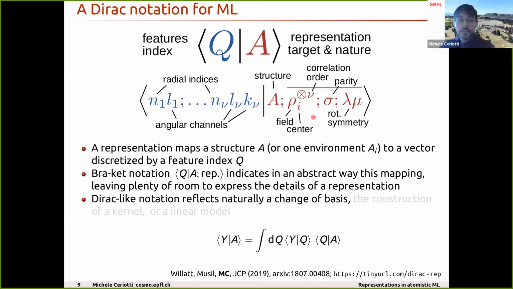And the advantage of using this notation, which is really the reason why physicists use it to describe wave functions, is that it allows a very high level of abstraction. So you can really understand the right-hand side as a vector in an abstract Hilbert space. And then the indices on the left-hand side just as enumerating the features that you find when you project these abstract vectors on a particular choice of a basis function.